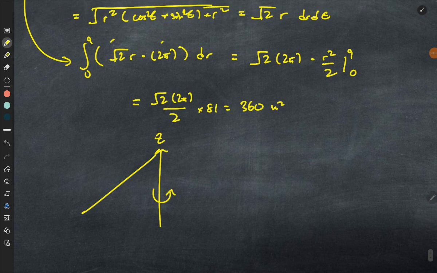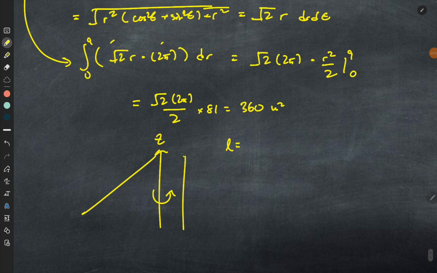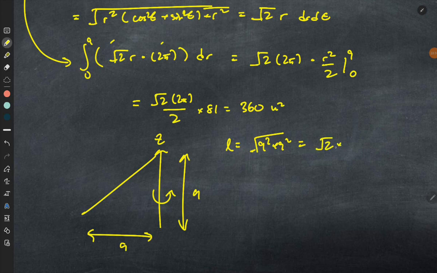So this line has its length. This length is just 9 units. That length is 9 units. The length of this line should be 9 squared plus 9 squared under the square root. That's just square root of 2 times 81.